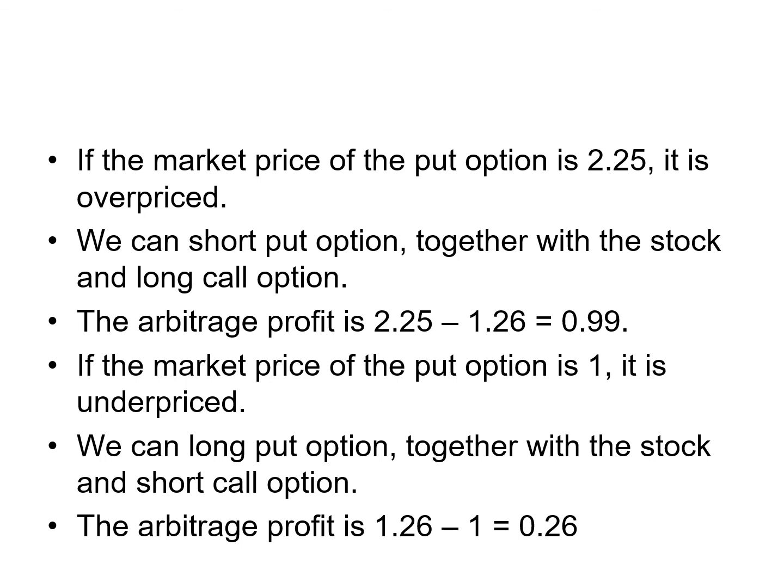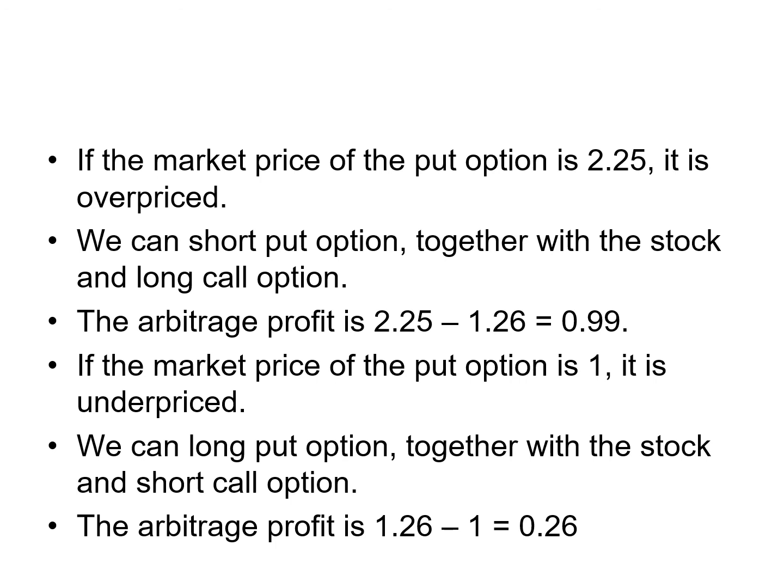So the arbitrage profit is the market price minus the theoretical price. Market price 2.25, theoretical price 1.26. So we get 0.99, almost $1 profit.